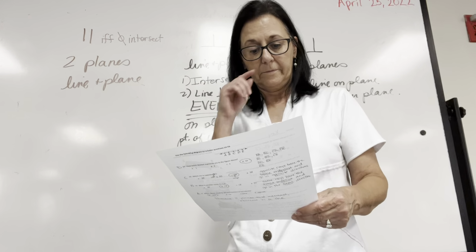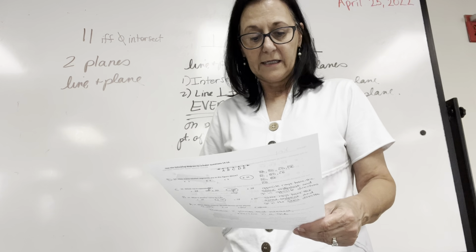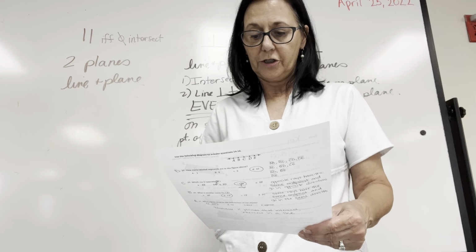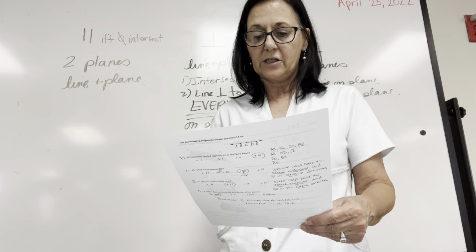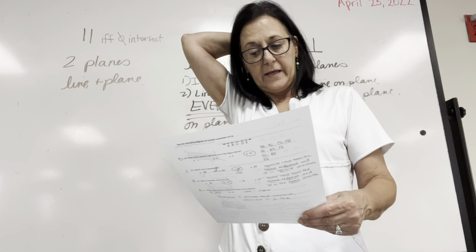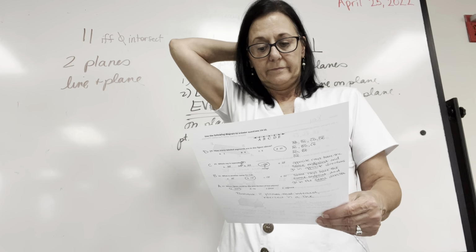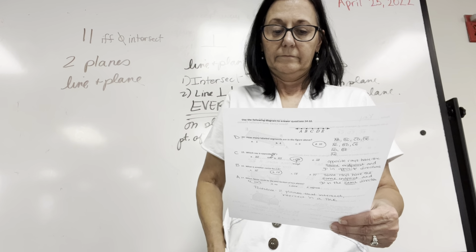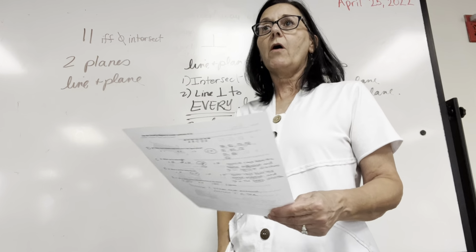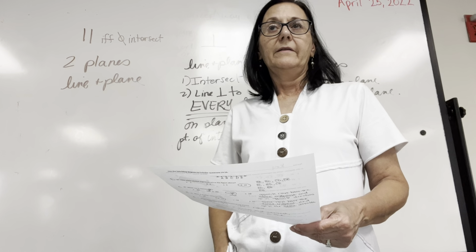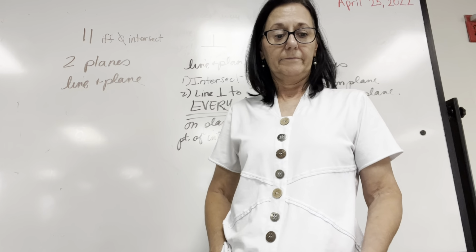Abby, number 10. Are line AB and HG skew? Okay, what's required for skew? They have to be non-coplanar, right?